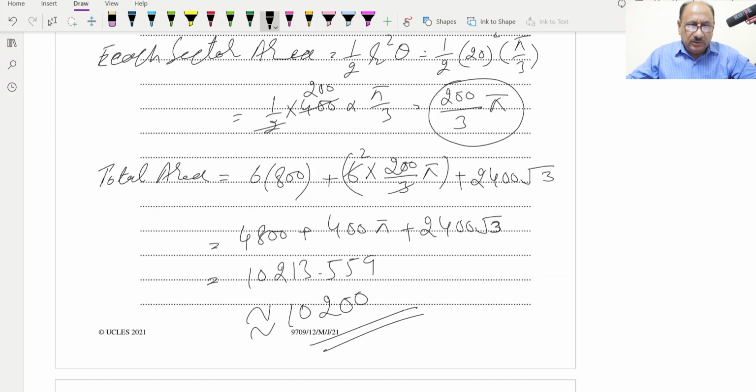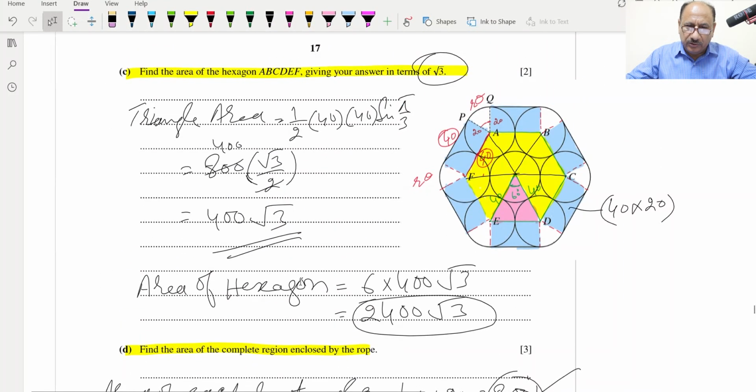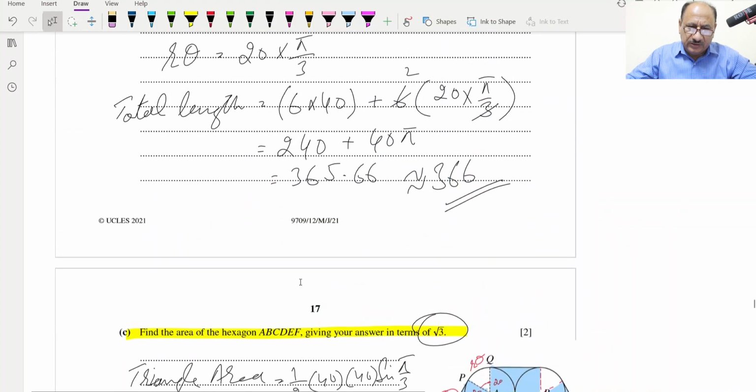This will be the area of this whole shape which is provided over here.